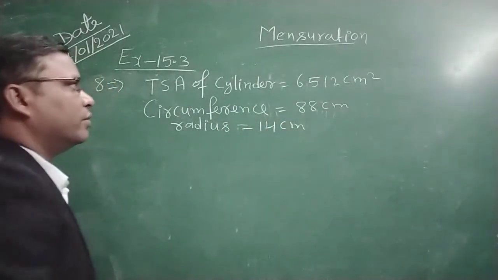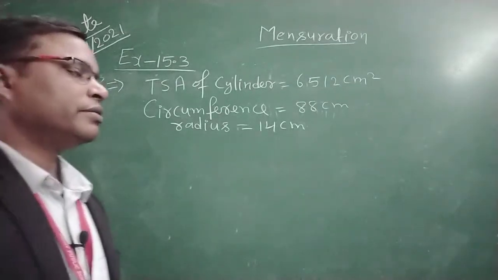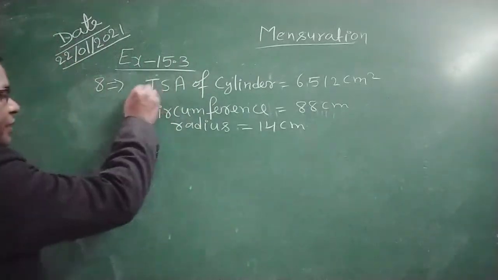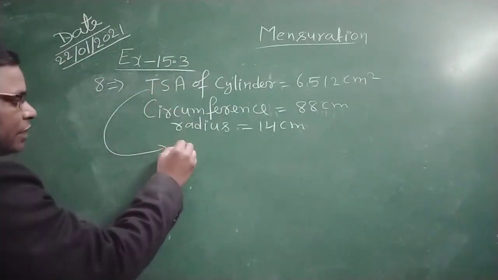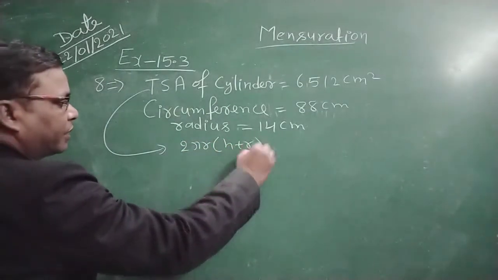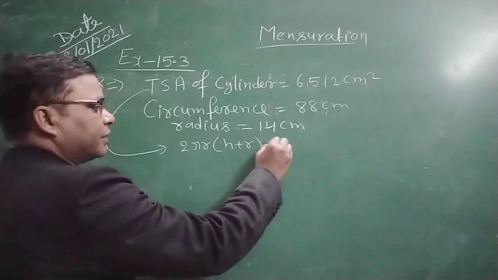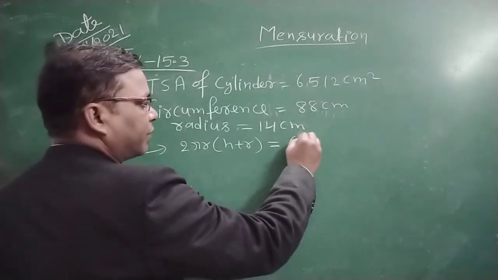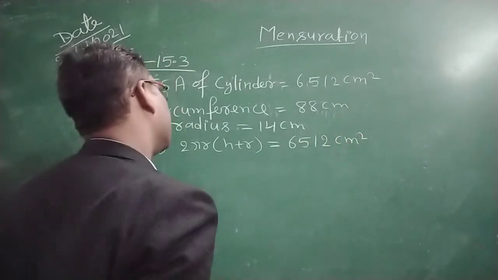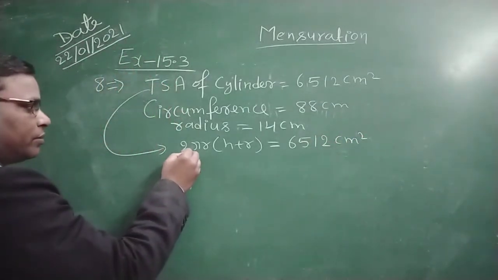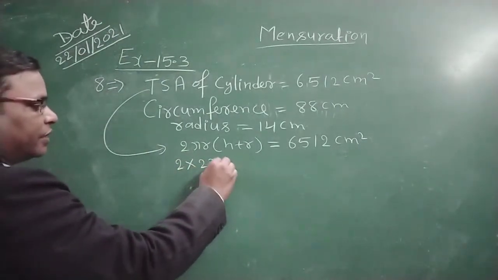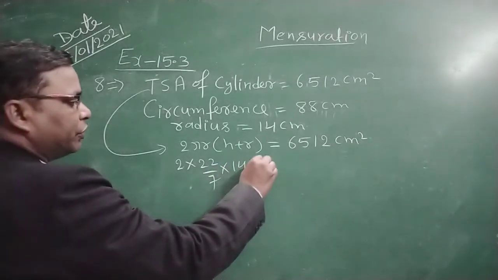Now, the total surface area of the cylinder is 2 pi r into h plus r, and this is given as 6,512 centimeter square. Here the value of pi is 22 by 7 and the radius is 14, and you need to find the height.